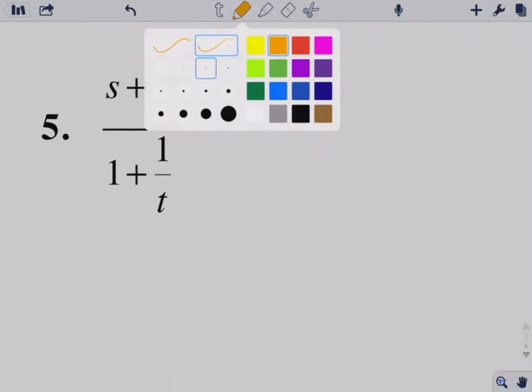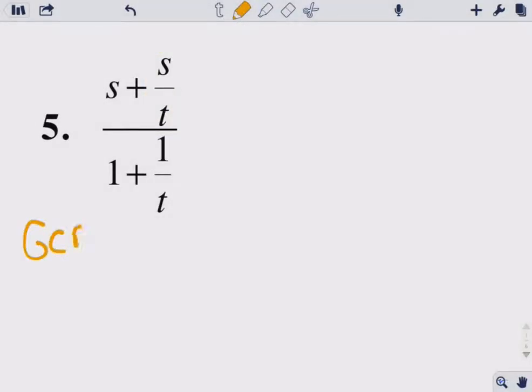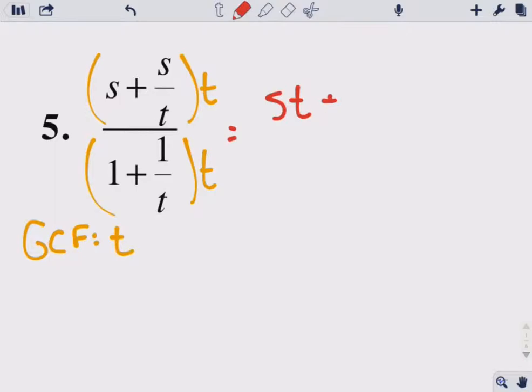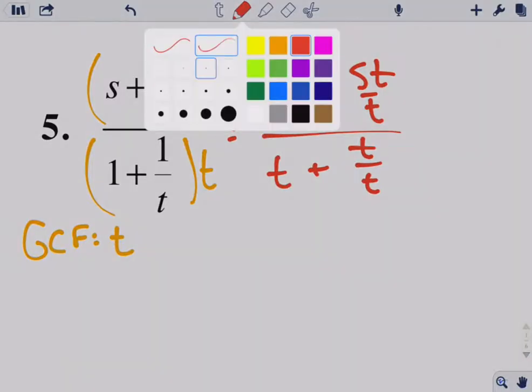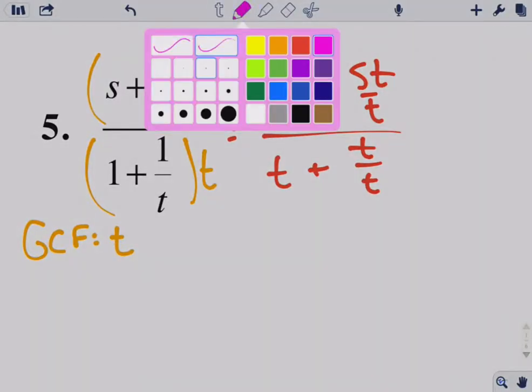And looking at 5, again GCF, that is just t because that's all that shows up on the bottom, so multiply the top by t, the bottom by t. Okay, so I get s times t plus s times t over t times 1, which is t, over 1 times t over t. Okay, look, and we can simplify some of this.